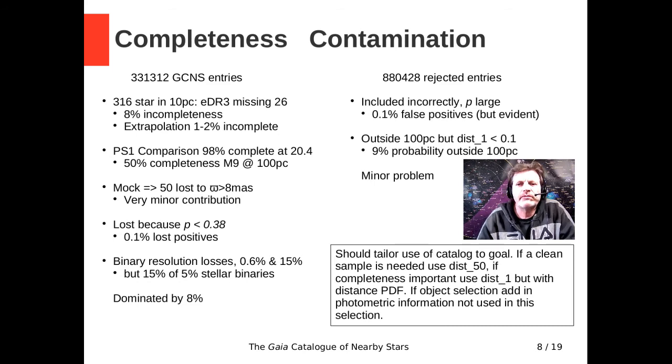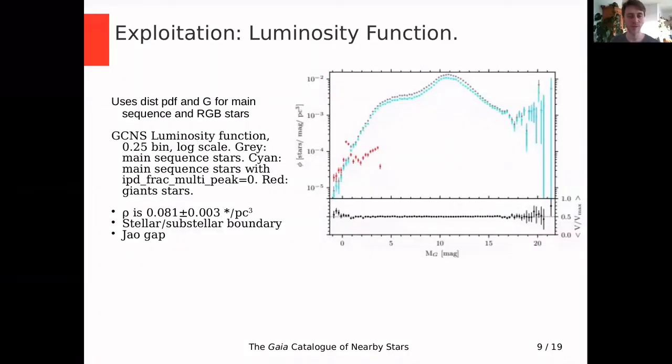So now that we have a volume complete sample, the 100 parsec Gaia catalog of nearby stars, what can we actually do with it? One nice application is the luminosity function, which counts the stars per magnitude bin per volume. And we have a 100 parsec volume here, so that should be quite good statistics. We account for the magnitude limit of Gaia.